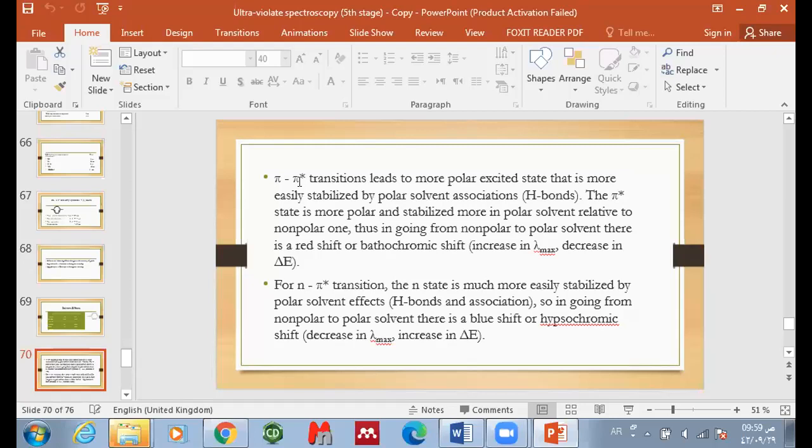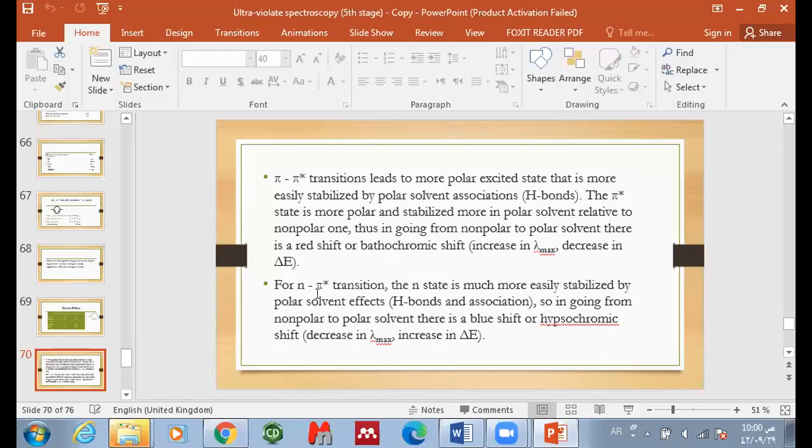So when we change the solvent from non-polar to polar, we will get a red shift, a bathochromic shift, meaning to higher wavelength. So polar solvent will affect this transition and draw the absorbance to higher wavelength. This means an increase in lambda maximum and a decrease in the energy change, delta G.